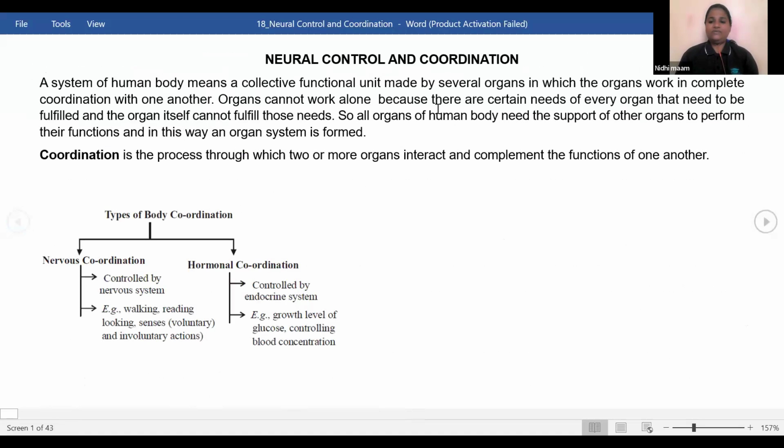So when we talk about neural control and coordination, here you can see, my dear students, the types of body coordination we have. Here we have nervous coordination, which is controlled by the nervous system. Hormonal coordination, as the name says, is controlled by the endocrine system, which will release substances called hormones, right?